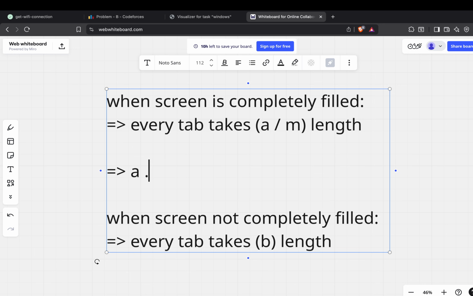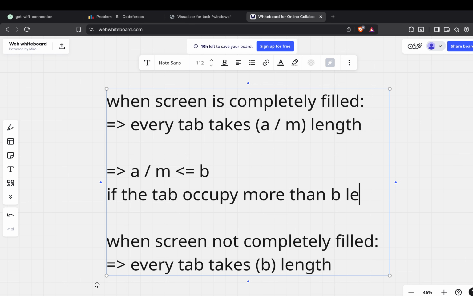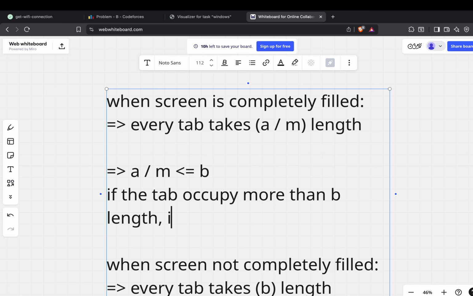So when A divided by M is smaller than or equal to B, okay, that is the scenario where the screen is completely filled, because if the tab would occupy more than B length, it is restricted.